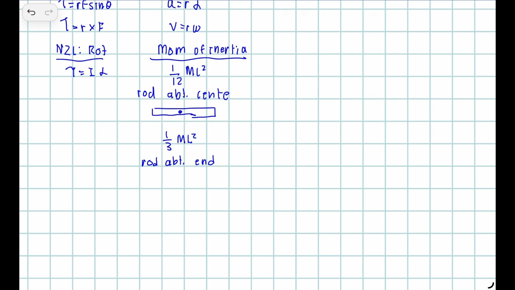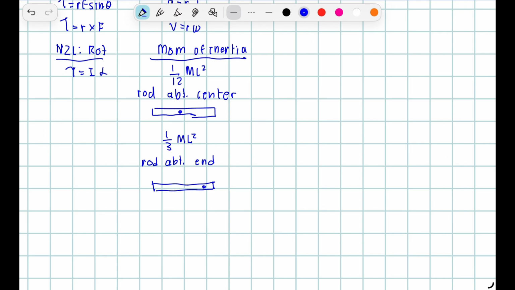Actually, for hoop, we have m r squared.